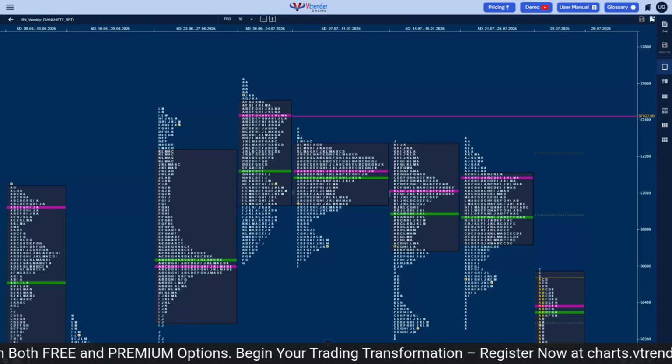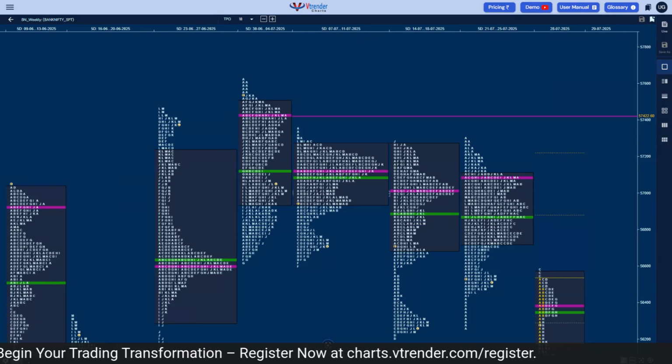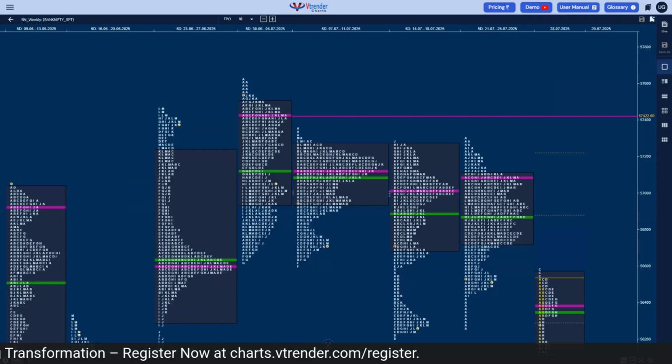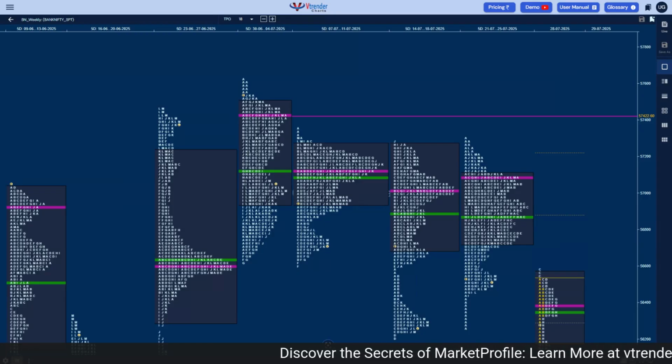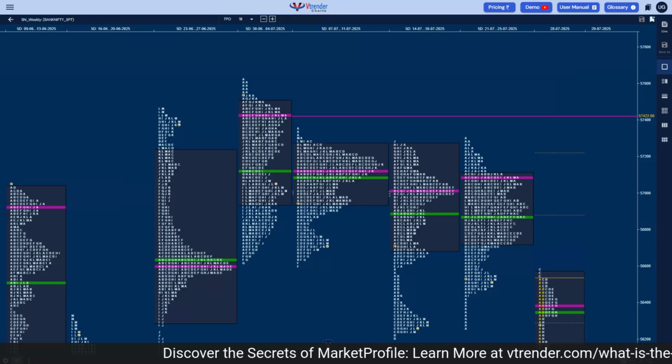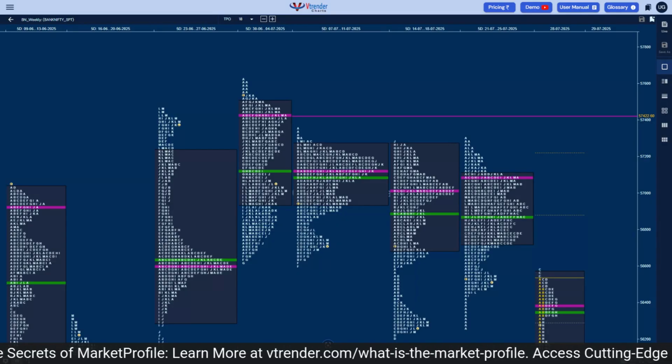We closed away from the value on last Friday, and we had closed the previous week also away from the value, but this got rejected. Why? Because I was telling you how 56205 was a weekly extension handle, and this is where we made the lows that week.